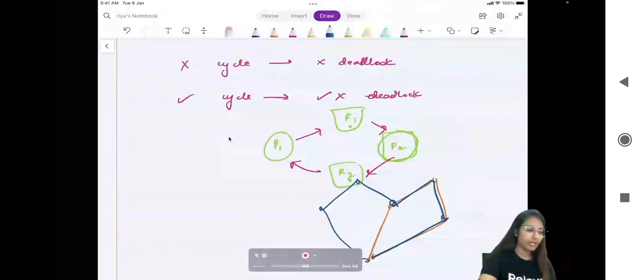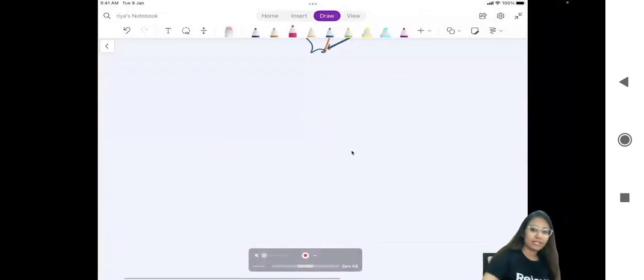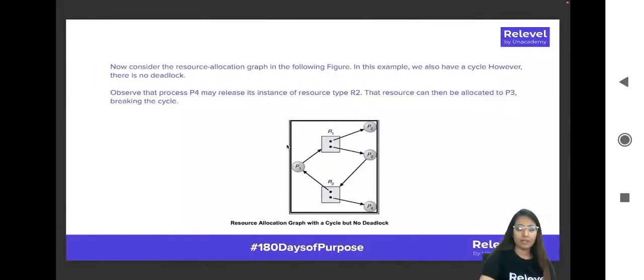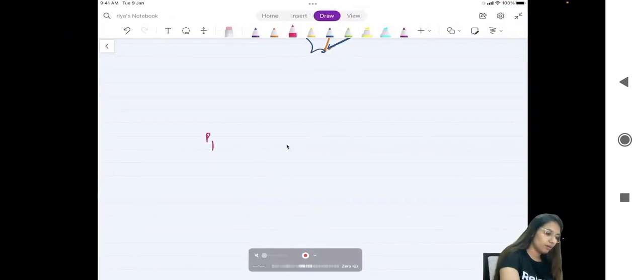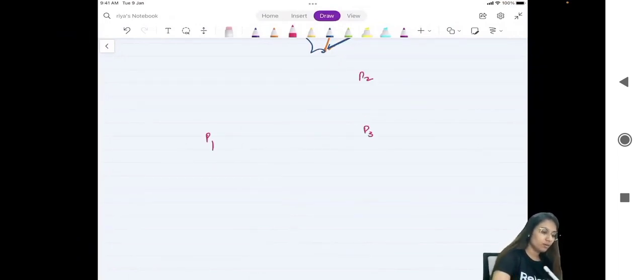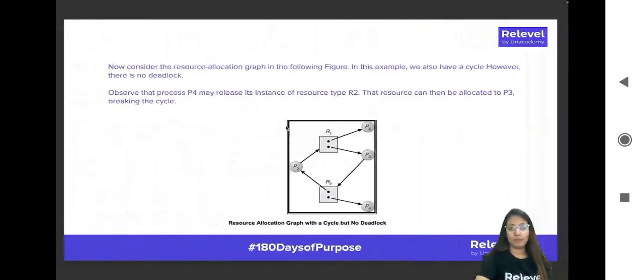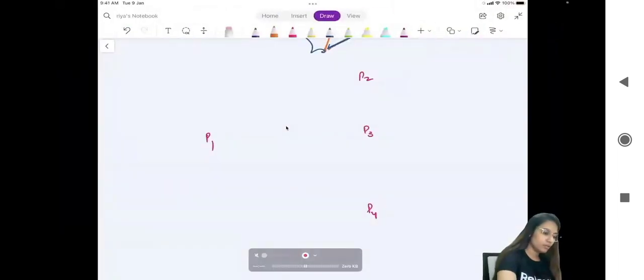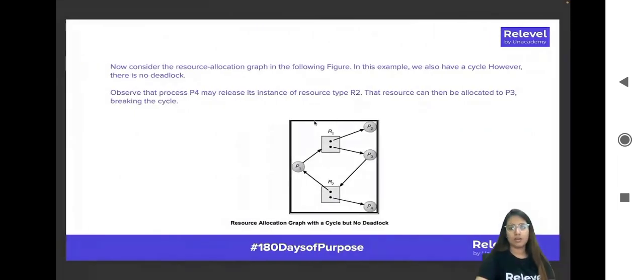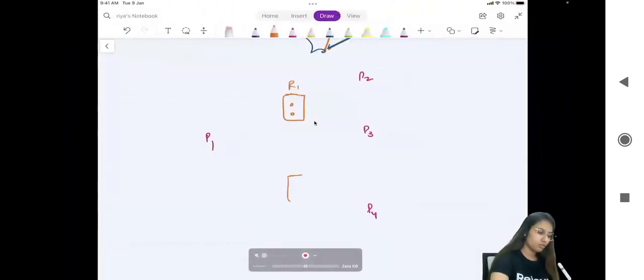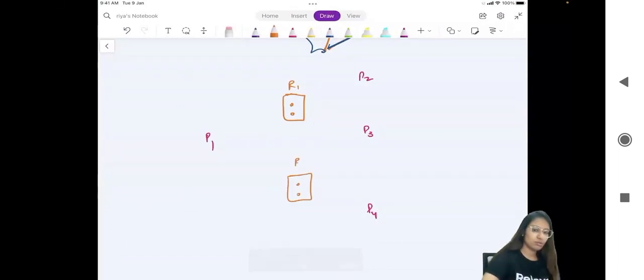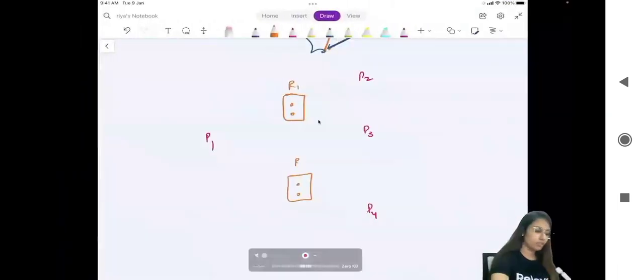Let me show you in a representation over here as well. P1, P2, P3, P4, and here we have a resource.